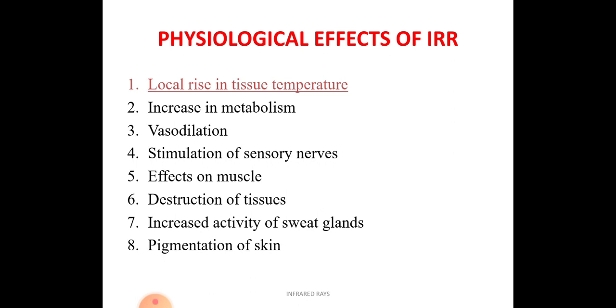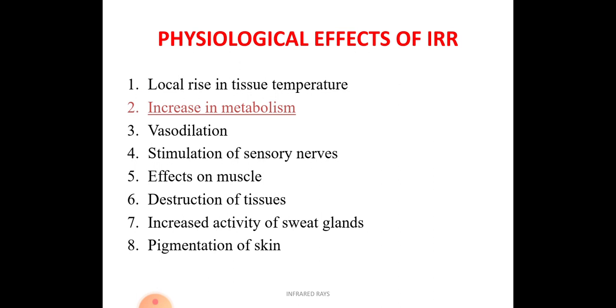Directly also it increases your temperature, because the heat itself comes as part of the radiation. It will also accelerate a few chemical processes that we are going to learn in the second point, metabolism. But in short, because of vasodilatation, direct radiation, and accelerated chemical processes inside the body, you will have a local rise of tissue temperature.